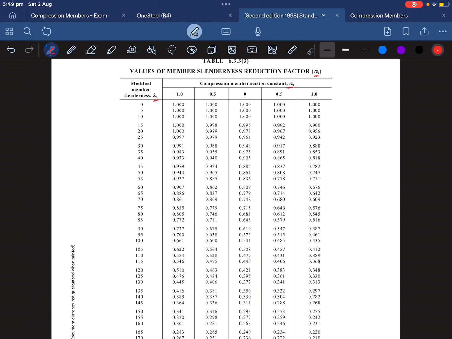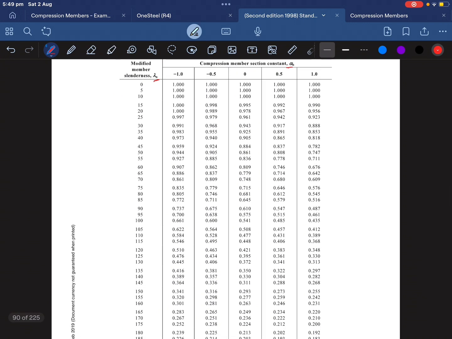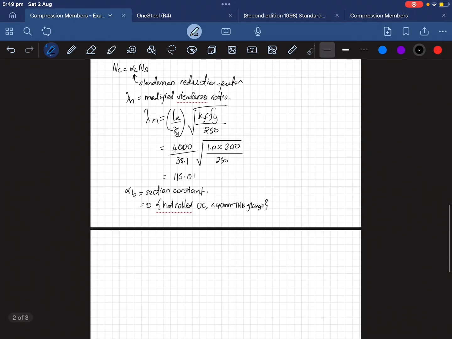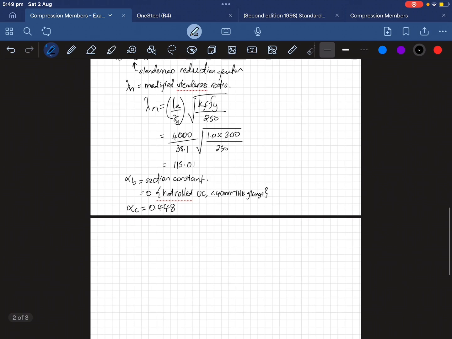In this case, lambda n is 115 and alpha B is 0. So if we come across this way, you can see we have 0.448. So our factor alpha C equals 0.448.